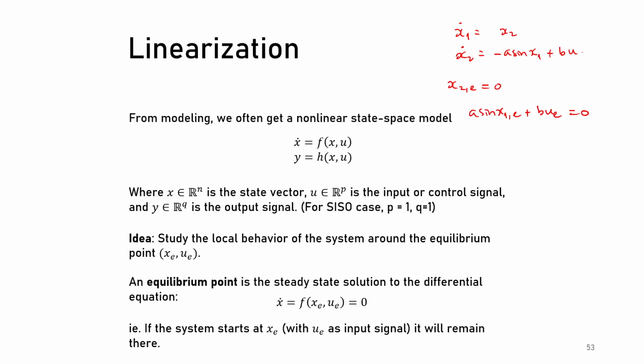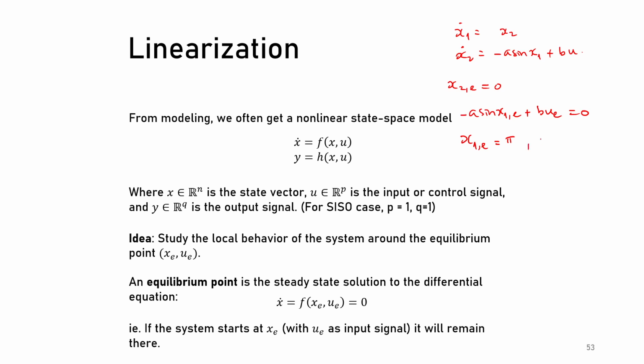So in some sense, we decide the equilibrium at some point. Let's say I want the pendulum to be inverted, to be up. So I choose h1 equilibrium to be pi.